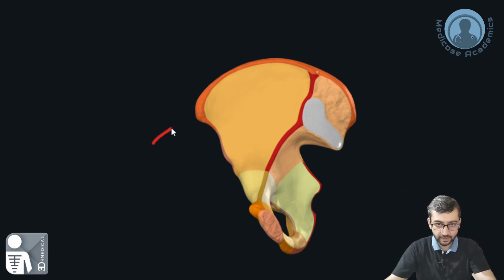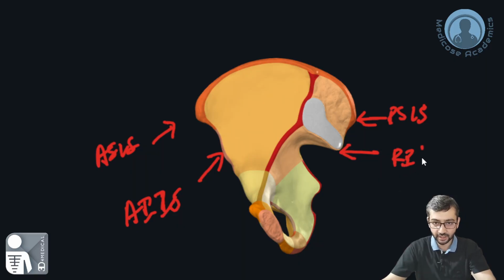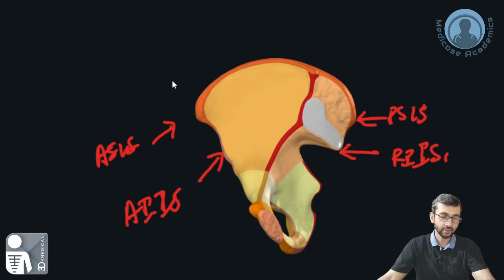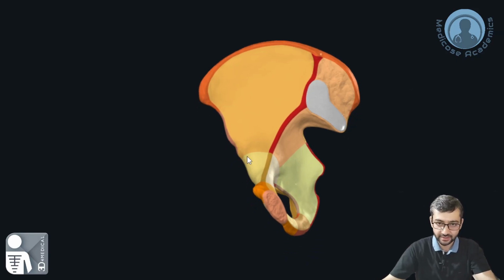So this will be the anterior superior iliac spine, and this one will be the anterior inferior iliac spine. On the back, here is the posterior superior iliac spine, and here below it at this point you will see the posterior inferior iliac spine. So these are the borders, and then we are left with the three surfaces.